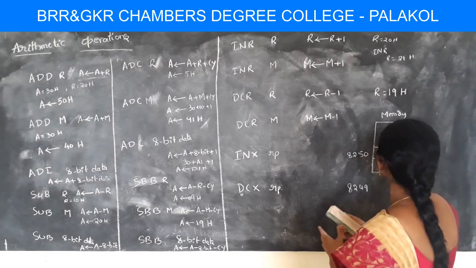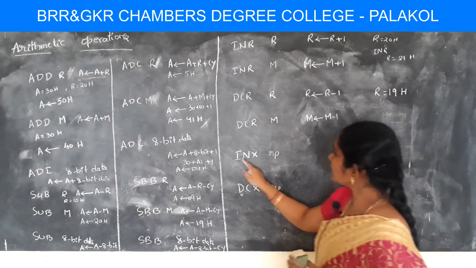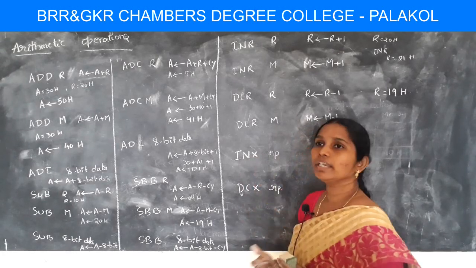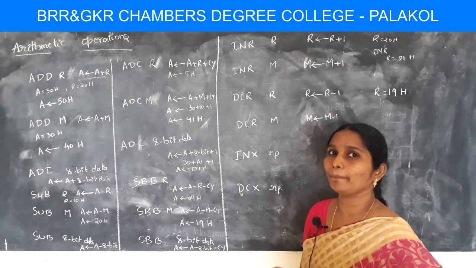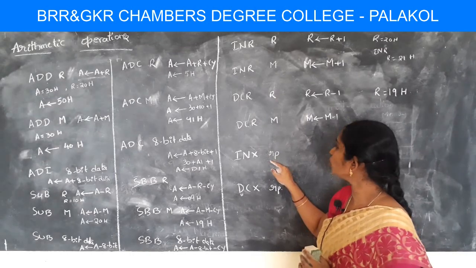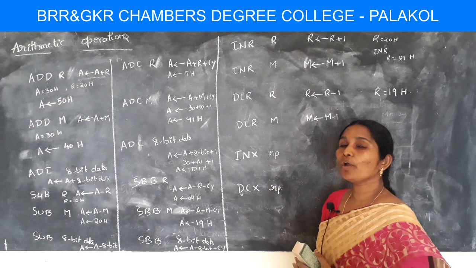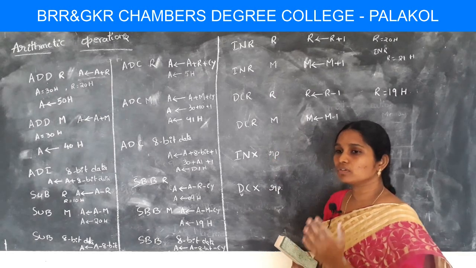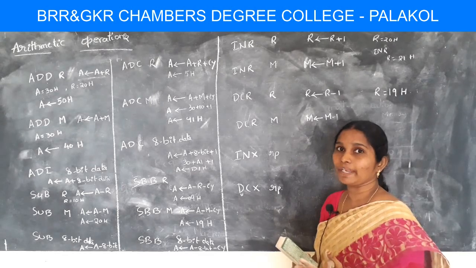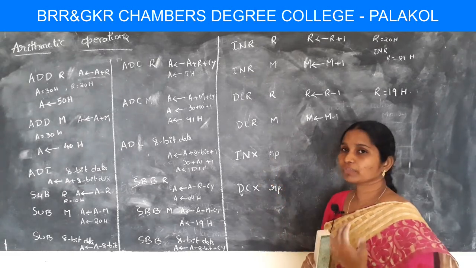And next after that, this is INX. I already told you X represents the register pair. Here RP is nothing but register pair. You have to increment the register pair. In the 8085 microprocessor, we have so many register pairs: BC pair, DE pair and HL pair. We have to use any pair among these registers.